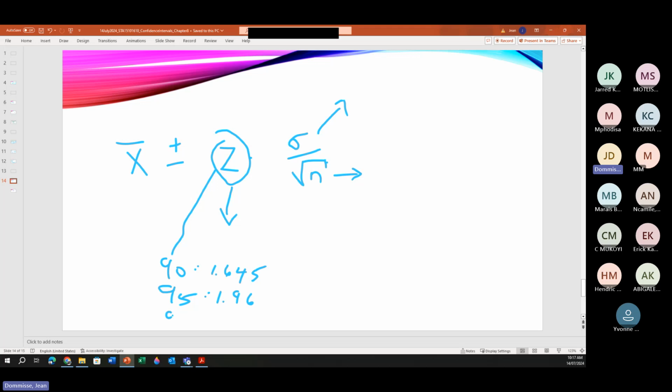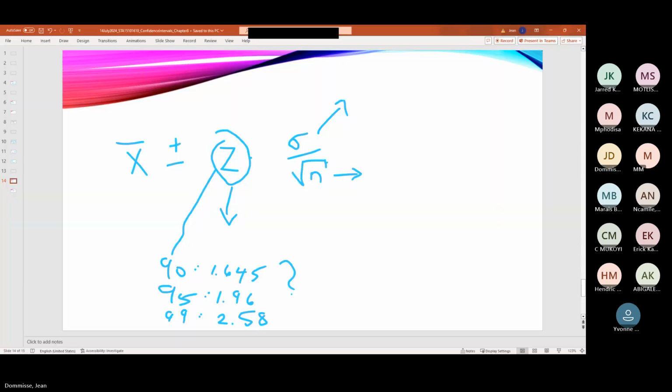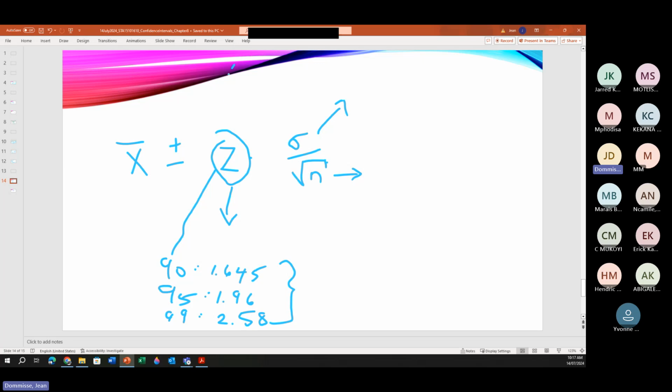And then the 99 was, what was it, 2,58, I think. Okay, so that also plays a role in this confidence estimate that you're going to work with.